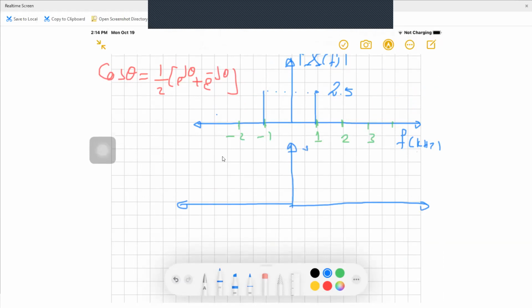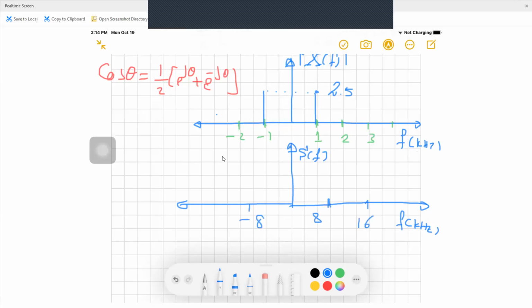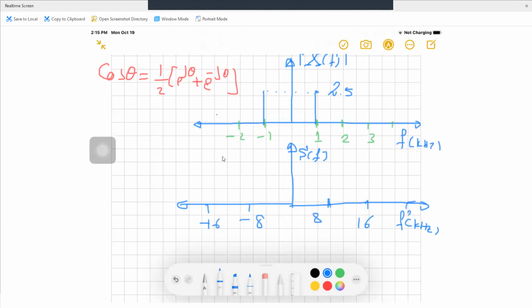This will be capital S of f, and here f in kilohertz. This will be 8, this will be 16, minus 8, minus 16. Of course, the next one will be at 24 and minus 24.